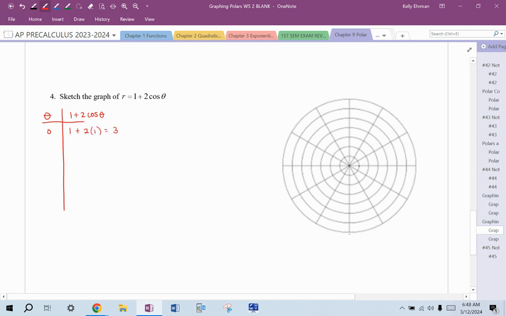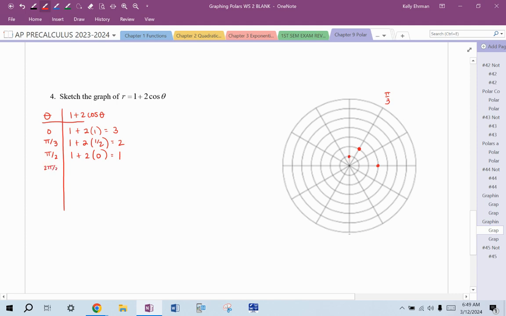So we face 0 and we go out 3. The next nice angle in quadrant 1 for cosine is pi over 3. 1 plus 2 times the cosine of pi over 3, which is 1/2. That's 1 plus 1, which is 2. So we face pi over 3 and we go out 2 units. And then we'll go up to the top of the circle, pi over 2. 1 plus 2 times cosine of pi over 2 is 1 plus 0. So face pi over 2, go out 1.